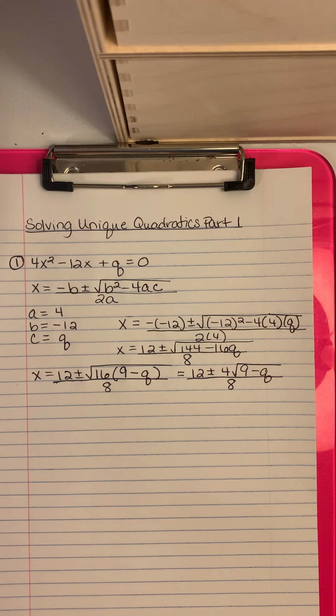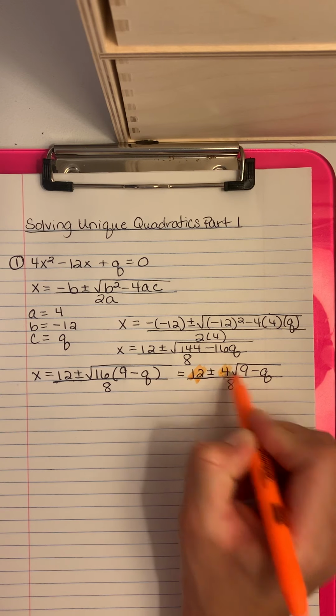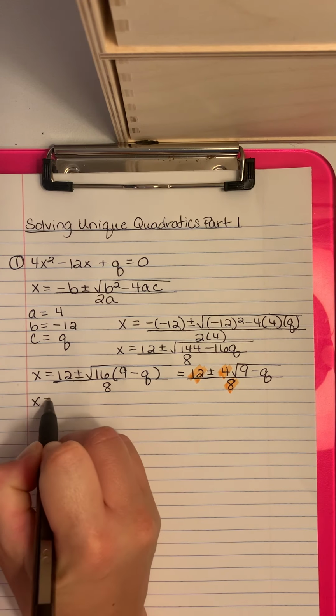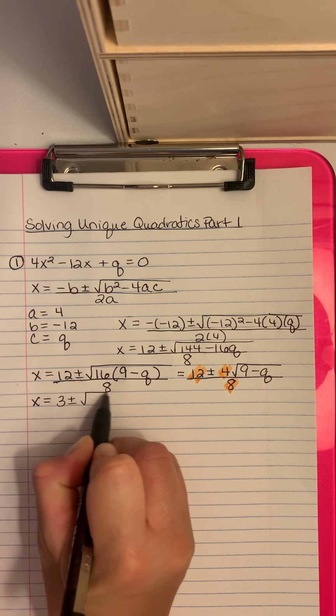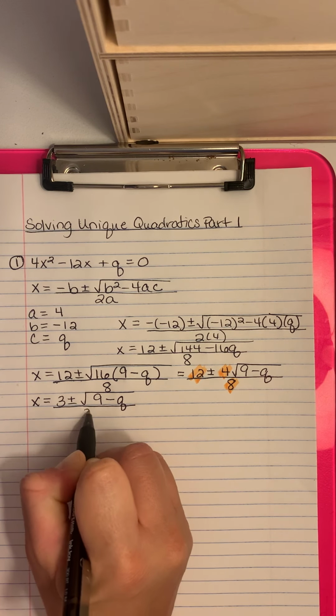So now when I look at this, I realize 12, 4, and 8 can all be reduced by the same number, and that in this case would be 4. So x would equal 3 plus or minus the square root of 9 minus q all over 2.